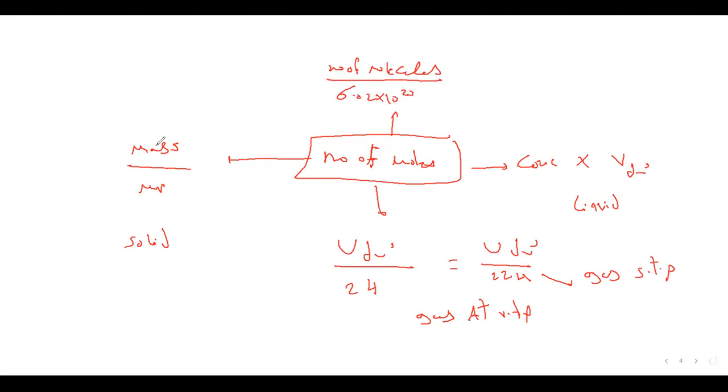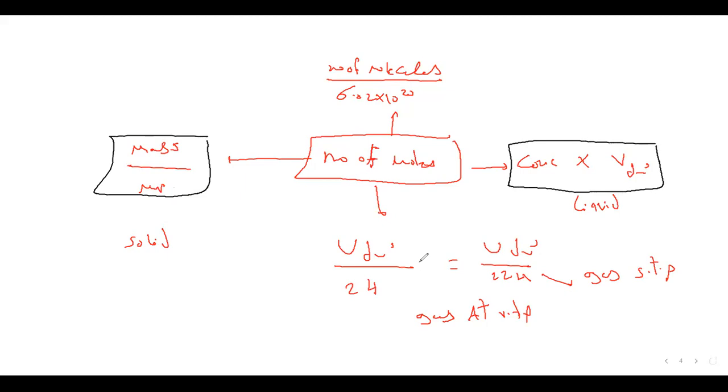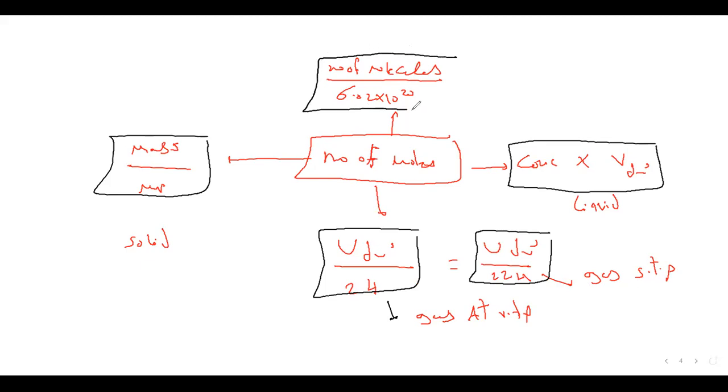Again, number of moles is equal to mass over molar mass in case of solid, equal concentration multiplied by volume in decimeter cubed in case of liquid, equal volume in decimeter cubed over 24 in case of gas at RTP, volume in decimeter cubed over 22.4 in case of gas at STP. Also equal number of molecules over Avogadro's number.